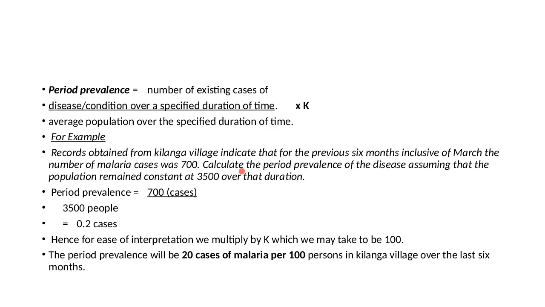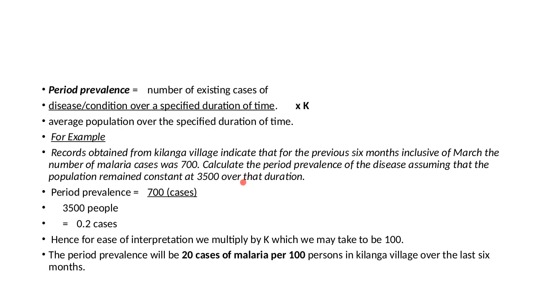So you take the number of cases that were discovered in that specific period of time, the existing cases over that specified period, you divide by the population at risk at that particular time, then you multiply by K to make your data understandable.